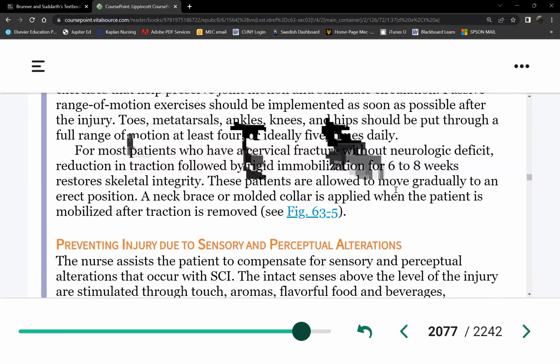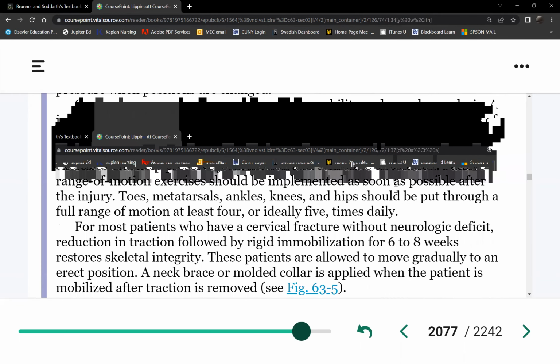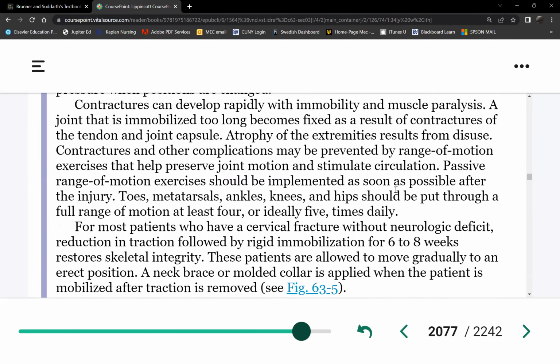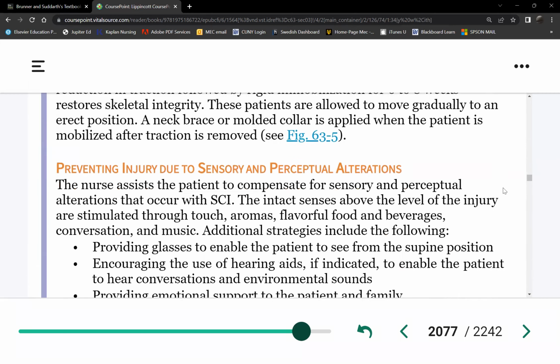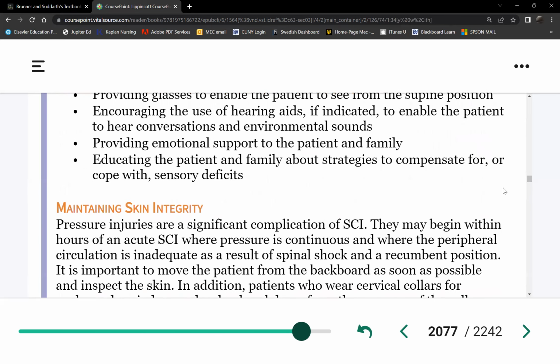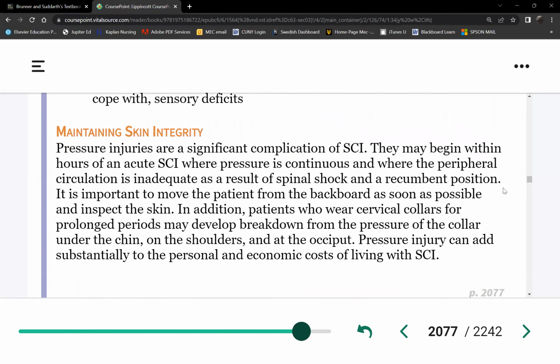The passive range of motion here can be done by the patient themselves, depending again on the level of injury. So if they have a high thoracic injury, then they can move their arms, correct? So they can perform passive ROM on their legs. And these are again for pressure injury prevention.